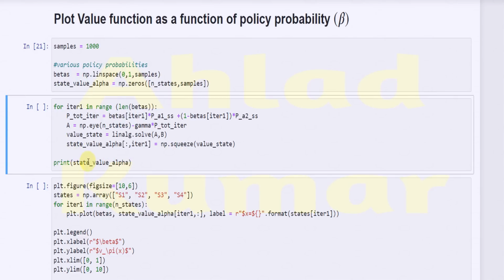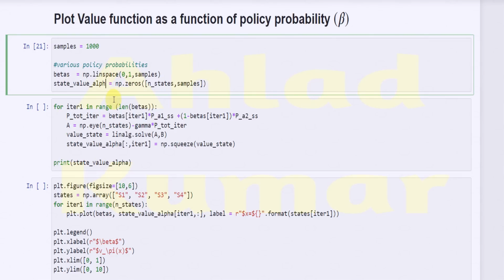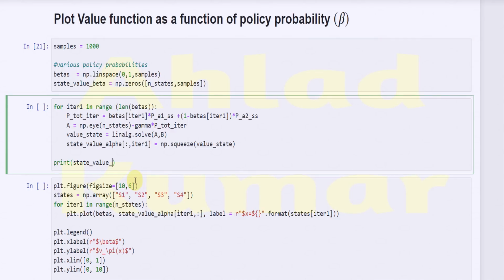So basically this one stores the values of the state for different values of, actually it should be beta, not alpha, because right now you are varying beta, not alpha. So let me change all these variables here. So once we have this, let me run this first, and now let me run this.